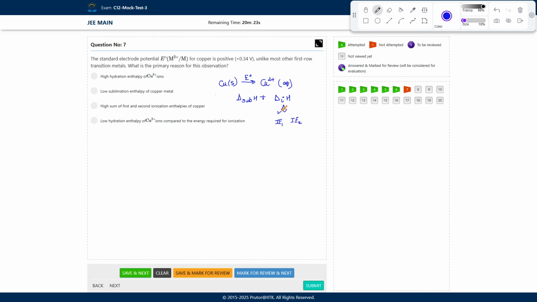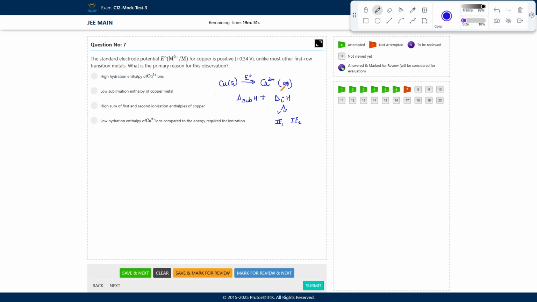So copper has a positive standard electrode potential. Why is it so? Because it needs higher energy to convert copper solid to copper 2 positive, which is the sum of sublimation energy plus both the first and second ionization energies: copper to copper positive and copper positive to copper 2 positive.